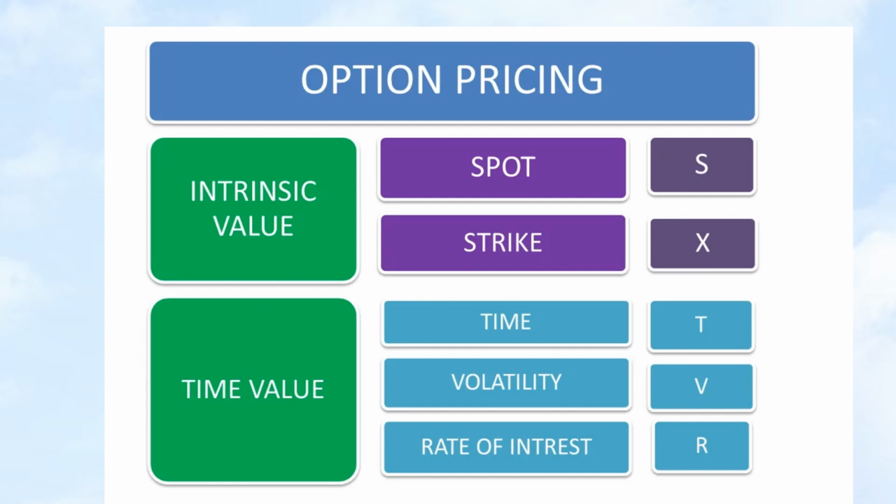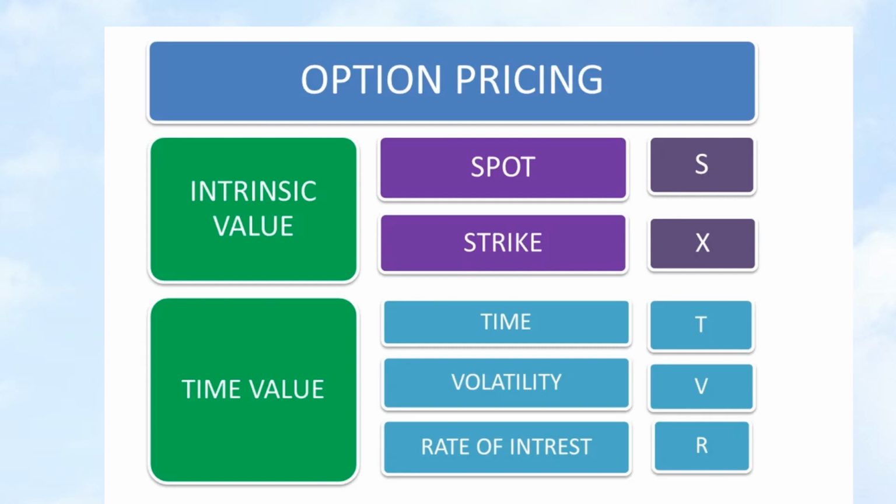Then the time value. Time value means for 2 months or 3 months or even 1 month you are maintaining the security, after which you can either buy or sell. In that period there is an interest involved because of the time value of money. So here the time refers to the time value of money. Then the volatility.